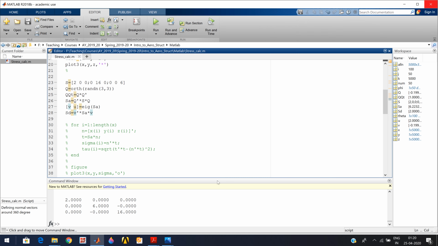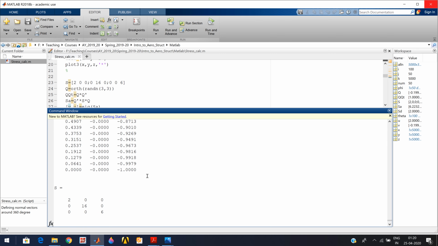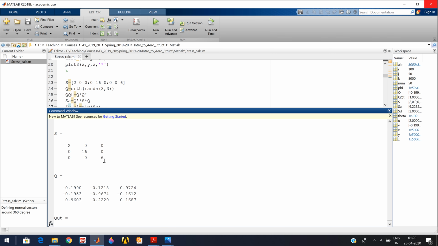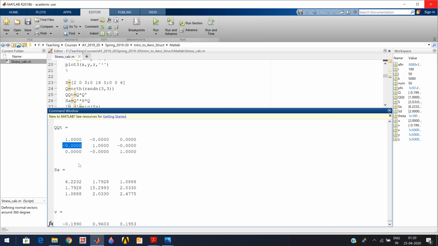Okay, I'm not interested in the figure now. We have started S using this. Q is some orthogonal matrix. Then you can see Q transpose Q is 1 1 1, and this minus, but these are actually 0 because it is a numerical value, so it will have something like minus 0.00000, with many zeros in that.